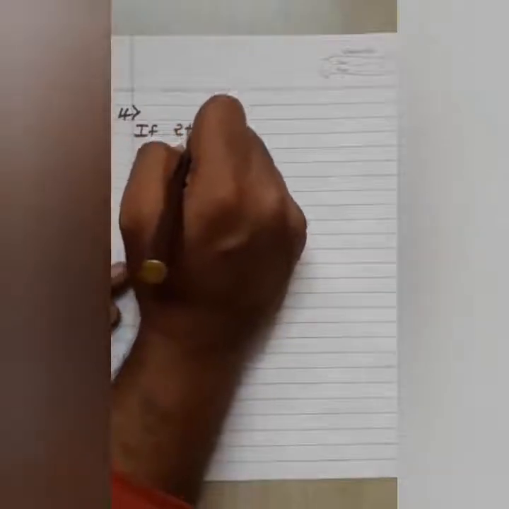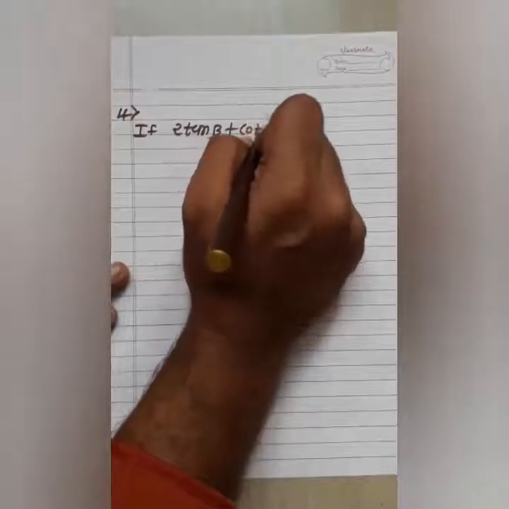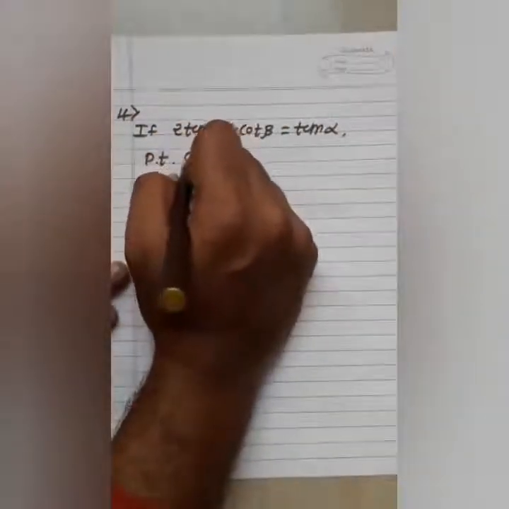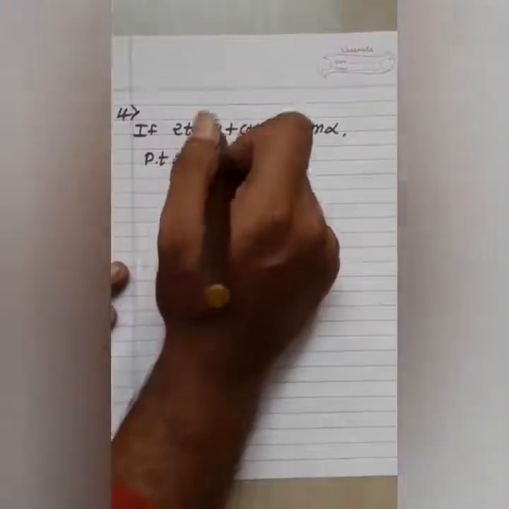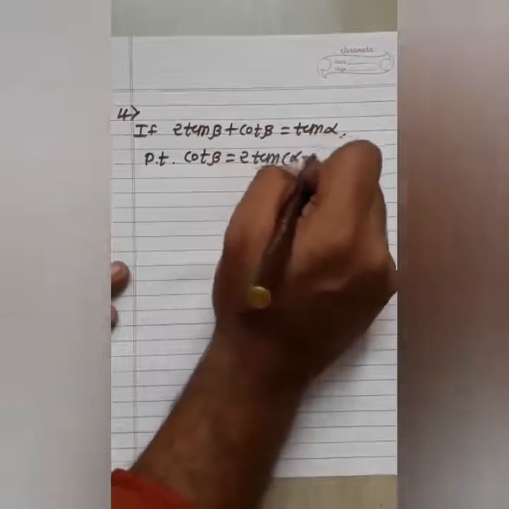Next question. If 2 tan beta plus cot beta is equal to tan alpha, then prove that cot beta is equal to 2 tan of alpha minus beta.